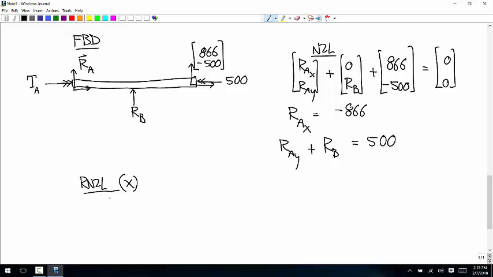Okay. So we have a positive couple TA and a negative couple 500. So that couple TA is equal to positive 500.